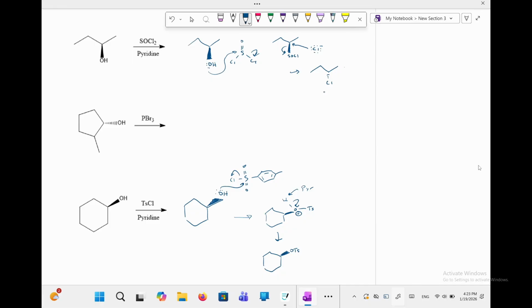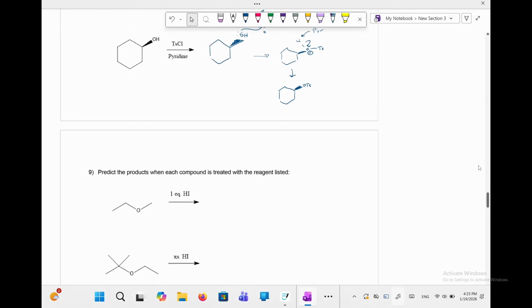Because with chlorine and bromine, the stereocenter is inverted because we broke this carbon-oxygen bond. But when we use tosyl chloride, the carbon-oxygen bond is still retained, so the stereocenter doesn't change. Cool. Very cool.